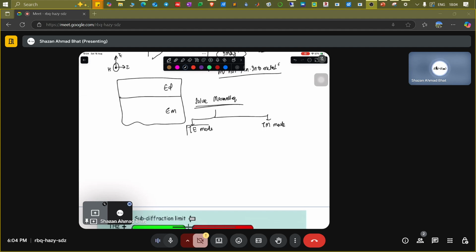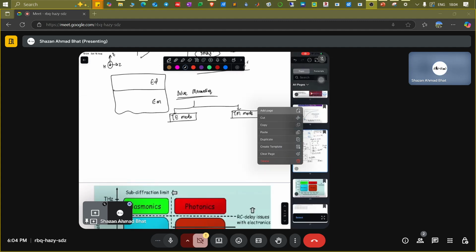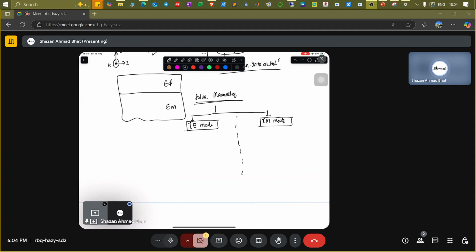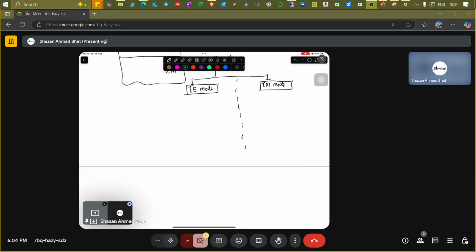This is a little bit dry because it's going to involve mathematics, and for those who don't enjoy mathematics, it's going to be dry. For the TE mode, you know that the electric field component is perpendicular to the direction of propagation.